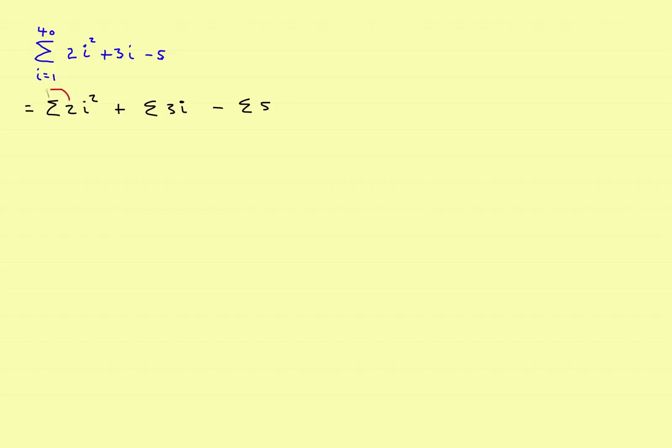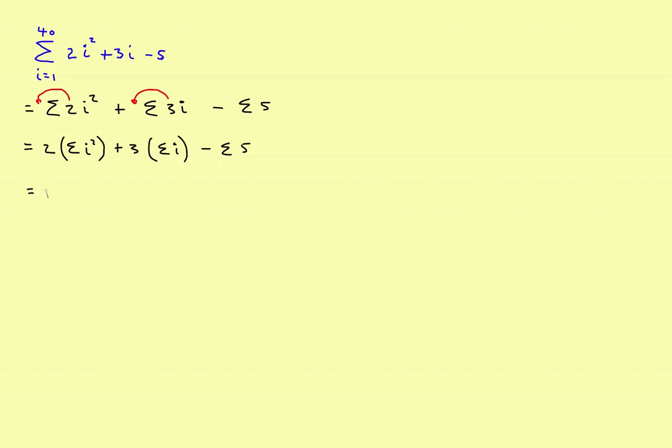So I'll bring the 2 out in front, and I'll bring the 3 out in front. So what that will give me is 2 times the summation of I squared, and I'll put parentheses around that, plus 3 times the summation of I minus the summation of 5.